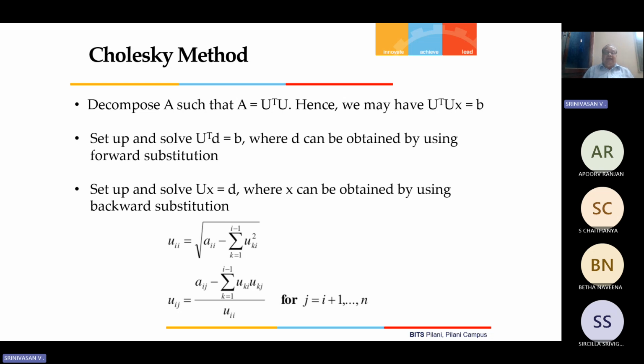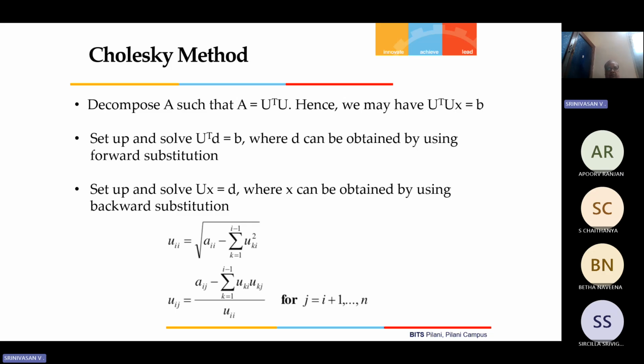And how do we get the entries? Uii is equal to the square root of Aii minus the summation of Uki squared, k equal to 1 to i minus 1.